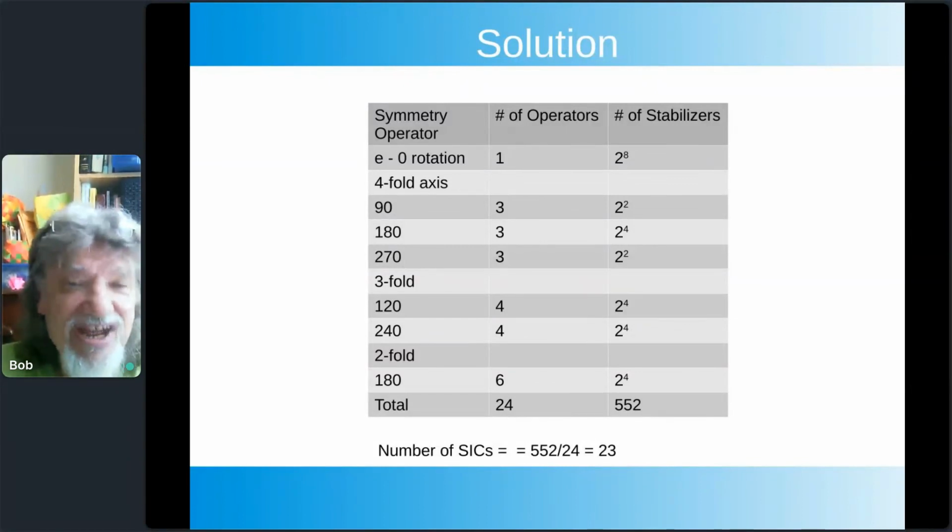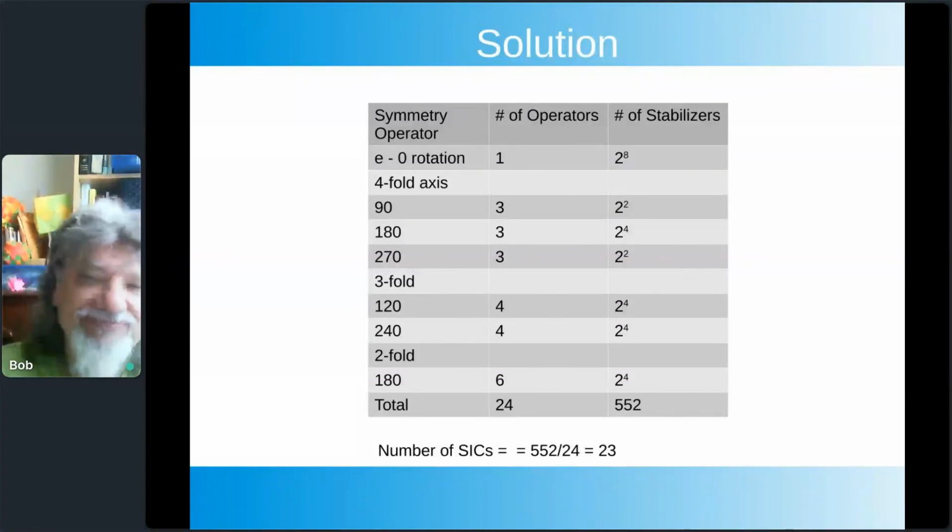Now, notice for the fourfold axis, we have three fourfold axes. So the number of operators is the number of times this 90 will pop up in that group. It's actually going to be written 3 times, one for each of the rotations, one for each axis. There'll be 3 of them.